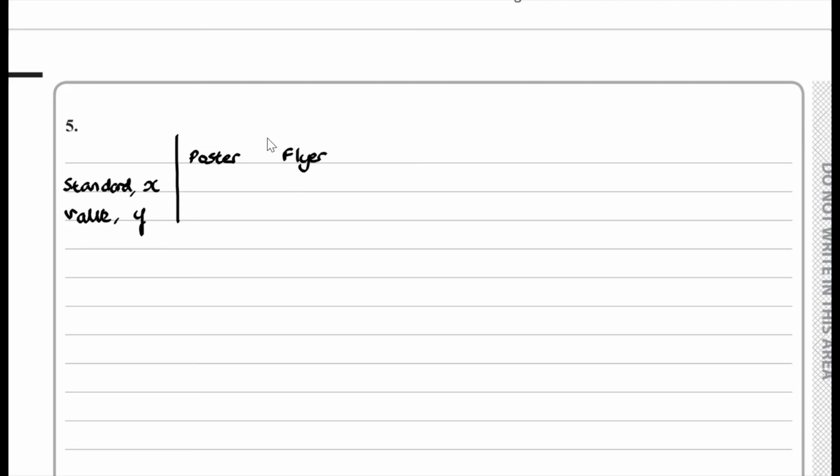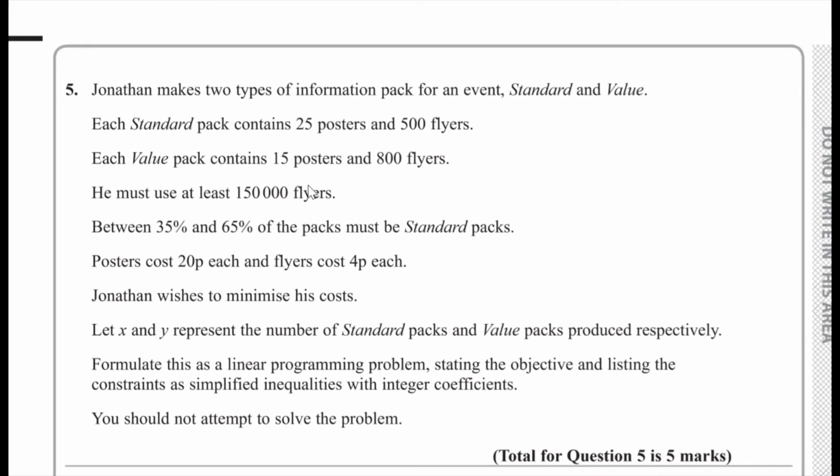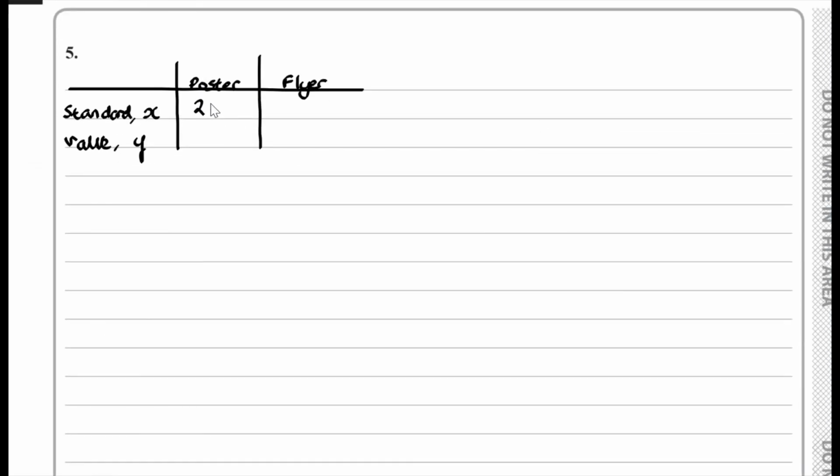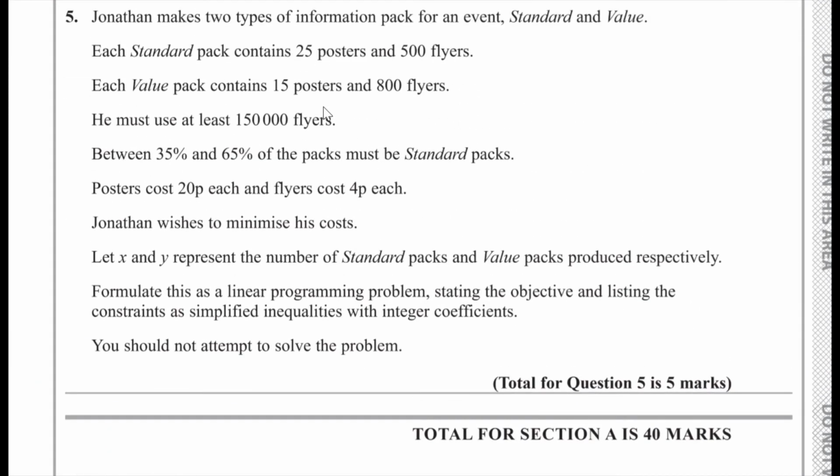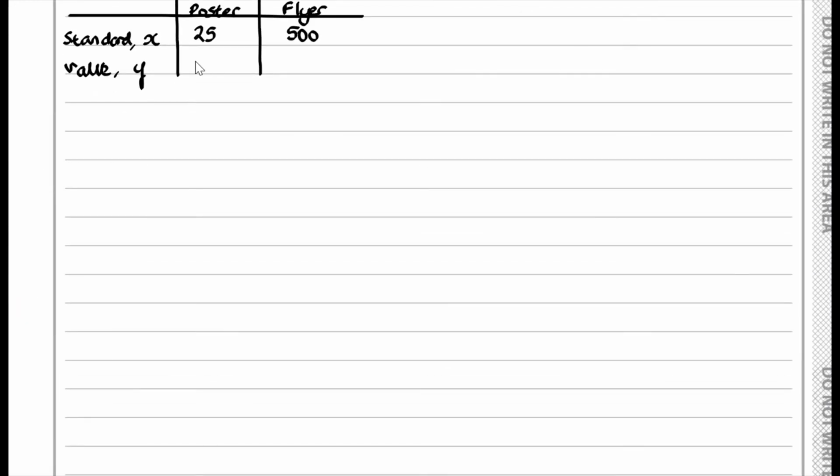And if we were to state the number of X and Y we have for poster and flyer, that's quite easy to do as well. If you go back to the question, we have standard, which contains 25 posters and 500 flyers, so we have 25 and 500, and we were also told that we have for value 15 posters and 800 flyers, so we have 15 and 800.